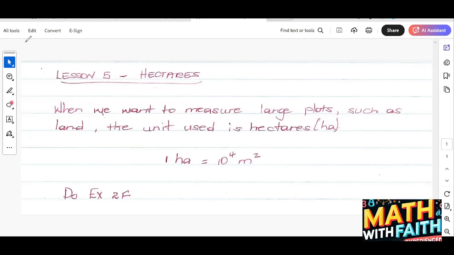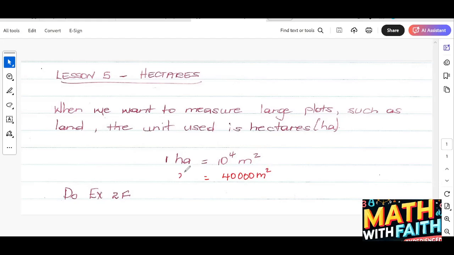Now, I have one way I do that all the time. You will see it coming up very often, and that is via cross multiplication. So let's say I have 40,000 meters squared, and I want to know how many hectares that is.